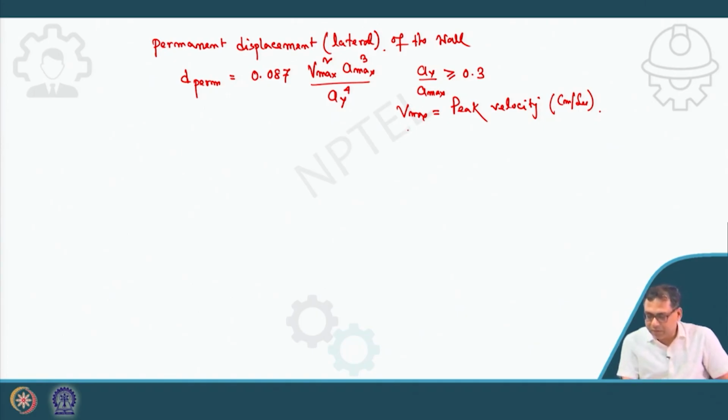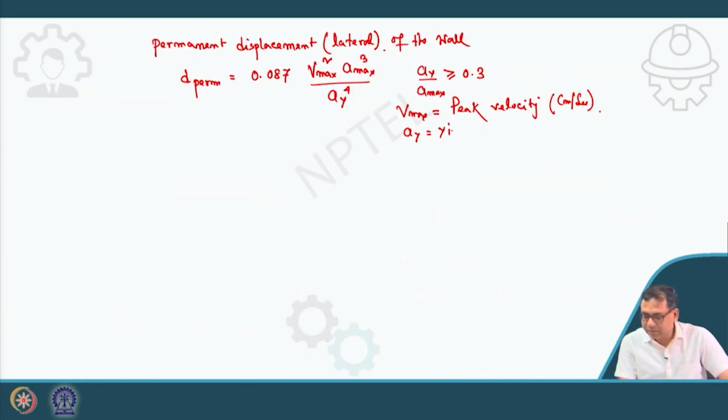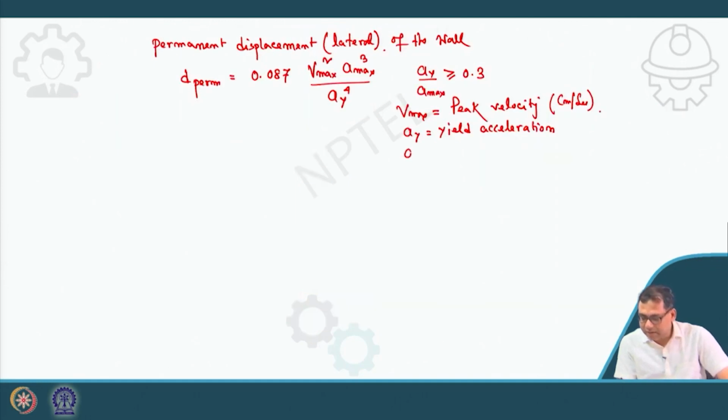And then your AY, you can see, this is yield acceleration, and Amax is the maximum acceleration or peak horizontal acceleration.